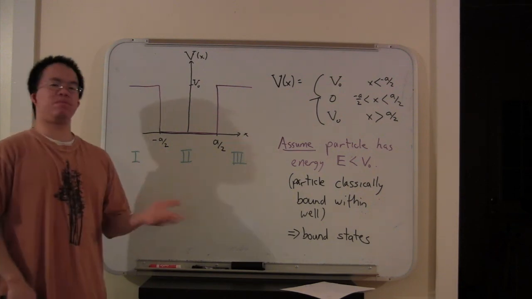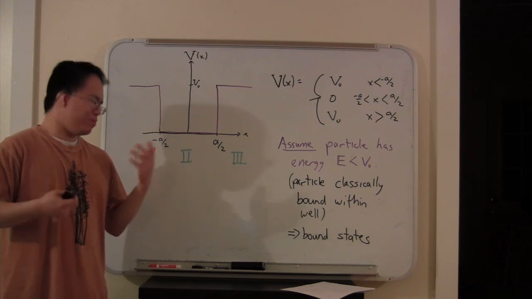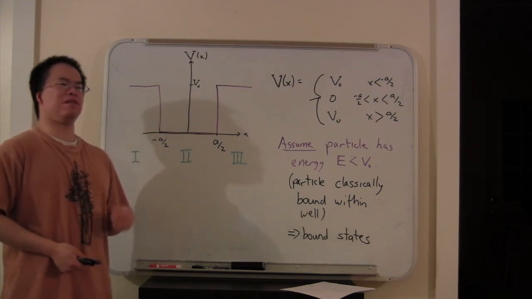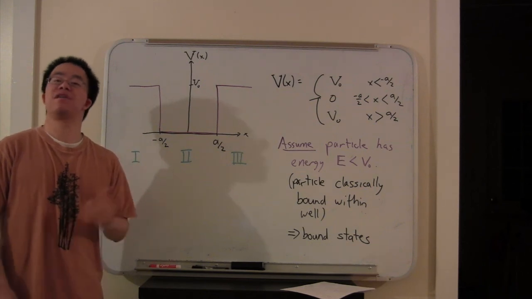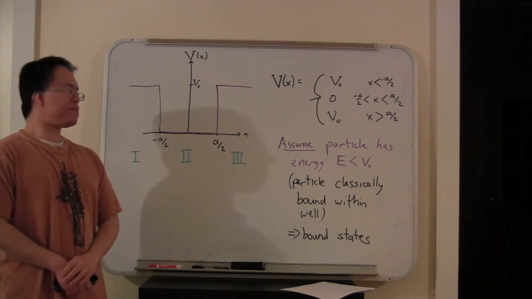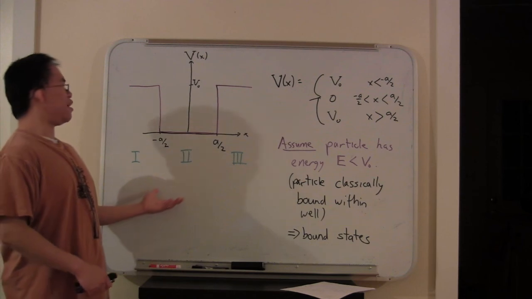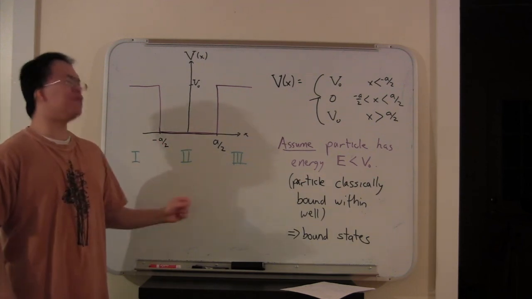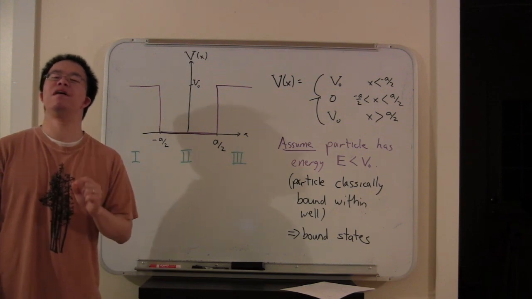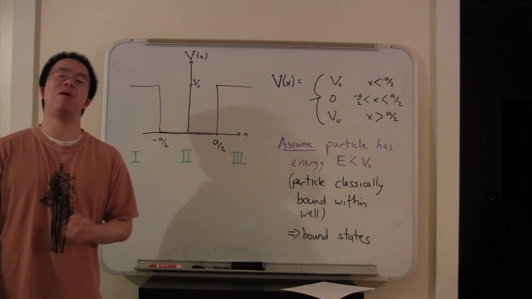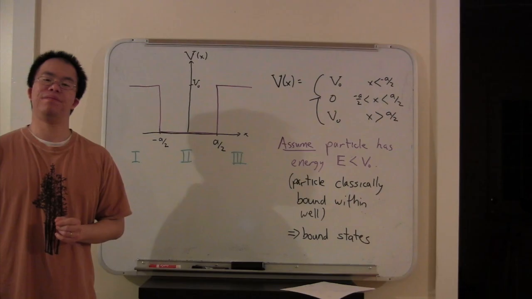So that we'll discuss probably next week when we think about scattering and tunneling situations. But here's the physical setup. Before we dive into the analysis of this, I want to say a few words about why this is a relevant problem for us to consider.